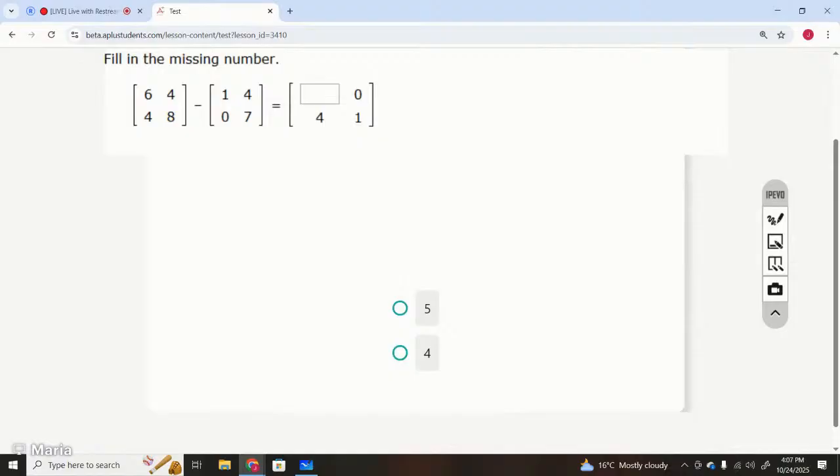Fill in the missing number. 6 minus 1 is 5. Option number 1 is the correct option.